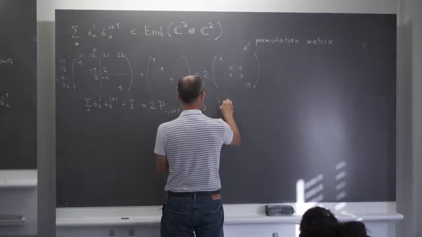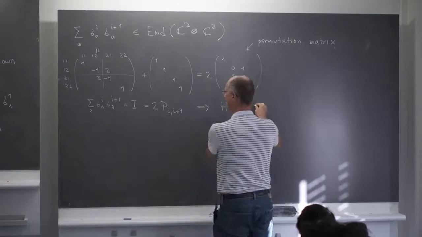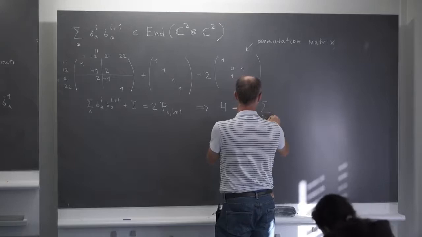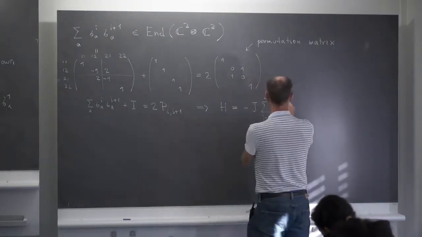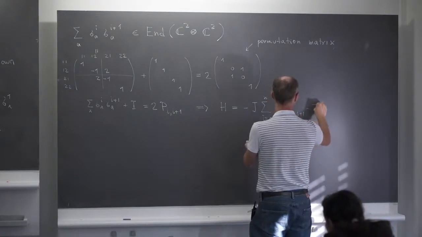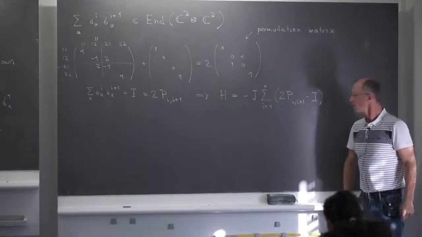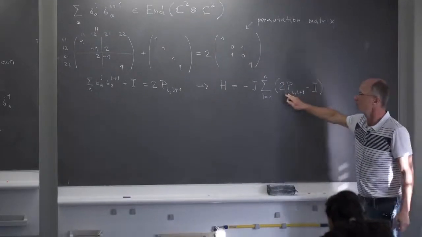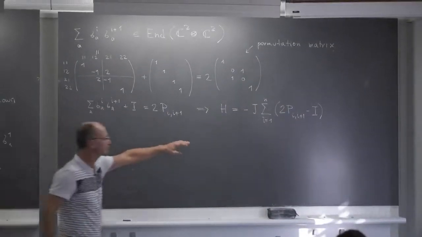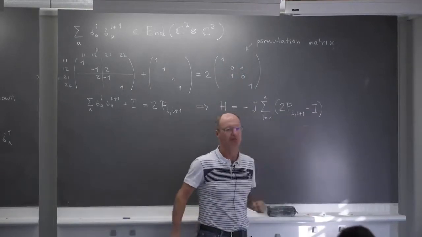We can now rewrite the Hamiltonian in the following form: minus J, sum over i from 1 to n, of twice the permutation i, i plus 1 minus 1. For some purposes this is easier, because now all of a sudden you have a very intuitive way to see how this operator acts.